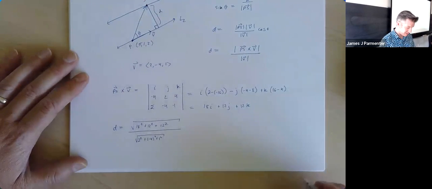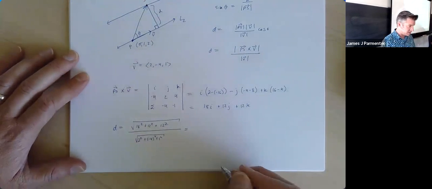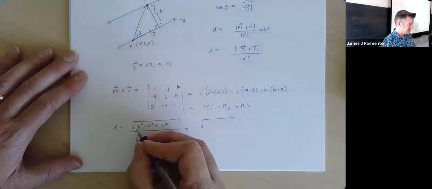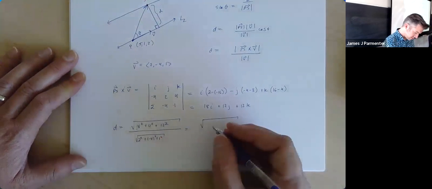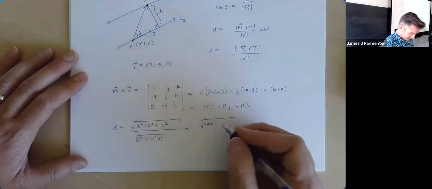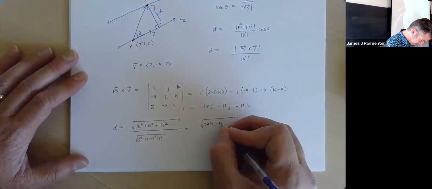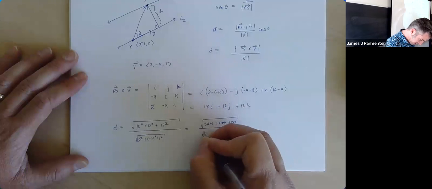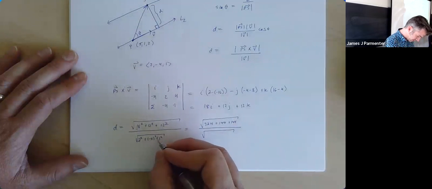Doesn't seem particularly interesting, but let's go through the motions, because maybe there's something interesting at the end. So 18 squared is what? 324. Yeah, that seems right. Then 144 divided by the square root of 4 plus 16 plus 1.